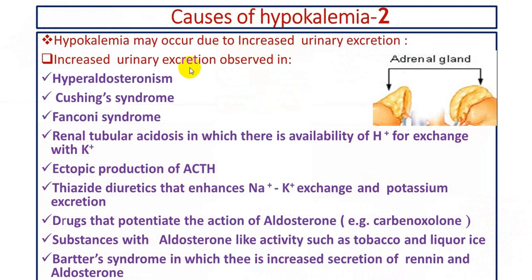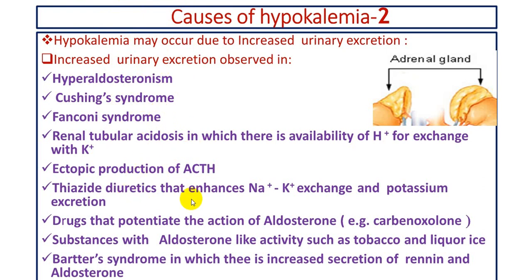So as far as the urinary loss is concerned, in summary, it can be hyperaldosteronism, Cushing syndrome, Fanconi syndromes, and renal tubular acidosis type 1 and type 2. If there is an ectopic production of ACTH, it will result in Cushing syndrome, and person can have loss of potassium. And because of loss of potassium, person can develop hypokalemia.